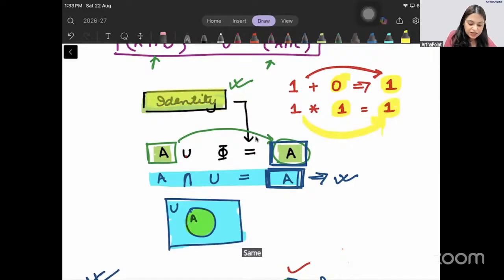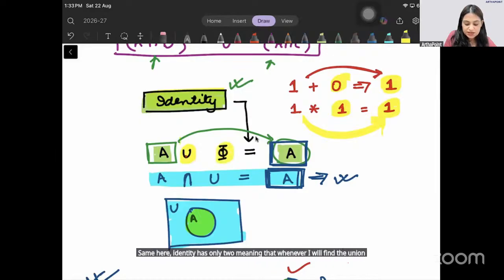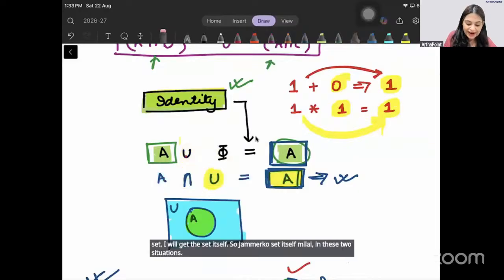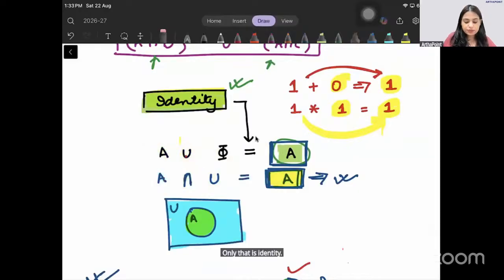Same here, identity has only two meanings. Whenever I find the union with the null set, I get the set itself. Whenever I find intersection with the universal set, I get the set itself. So when I get the set itself in these two situations, only that is identity. Making sense?